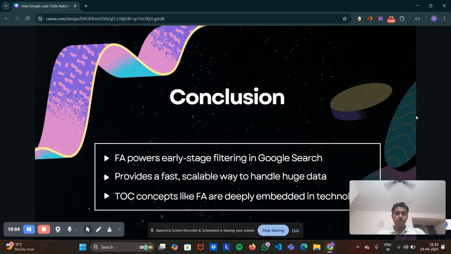So, next time you type something into Google search, remember that a tiny but mighty finite automata is already working behind the scenes to help deliver those results. The finite automata powers early stage filtering in Google search. It provides a fast and scalable way to handle huge data.